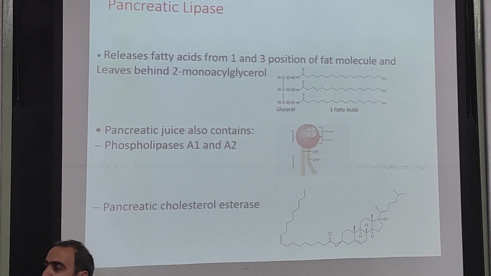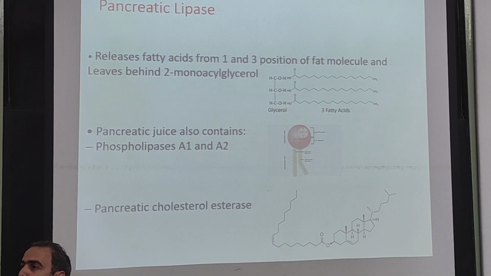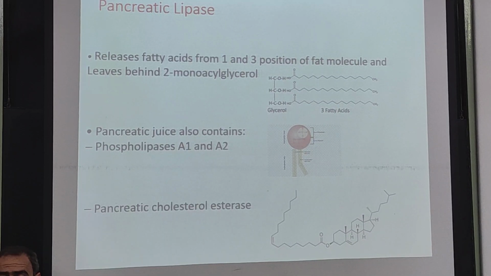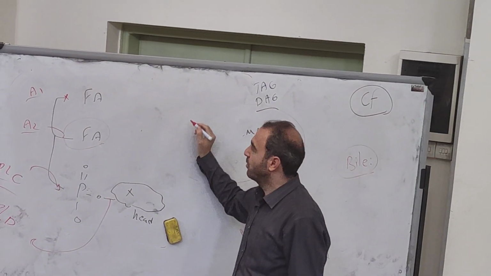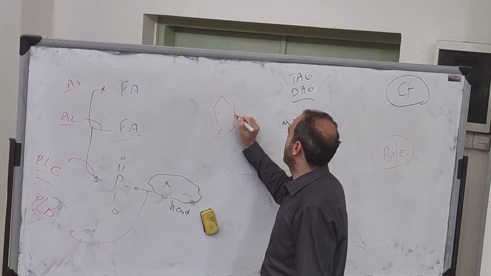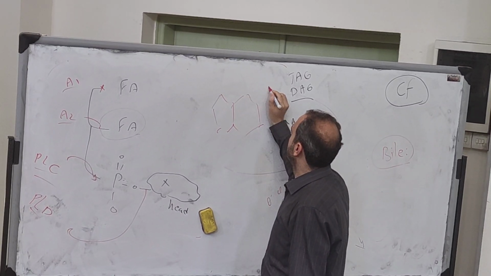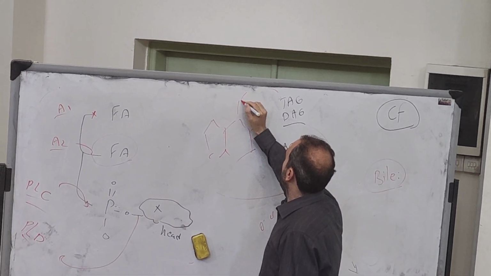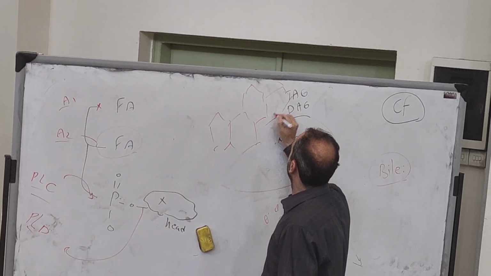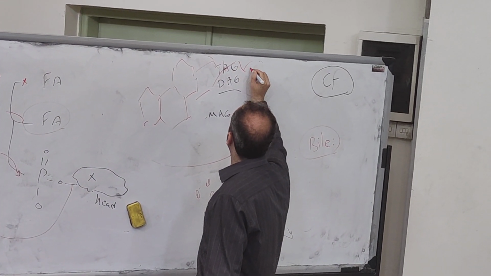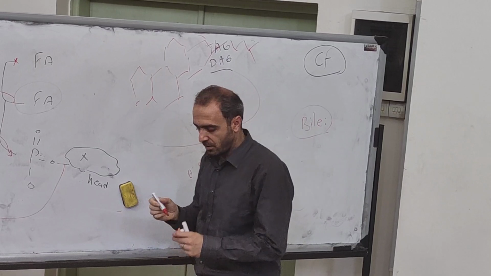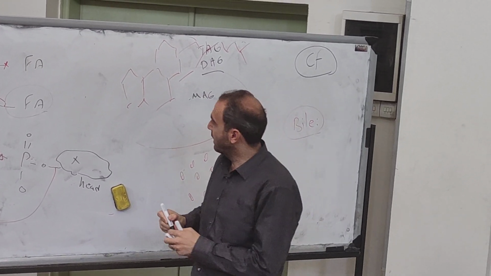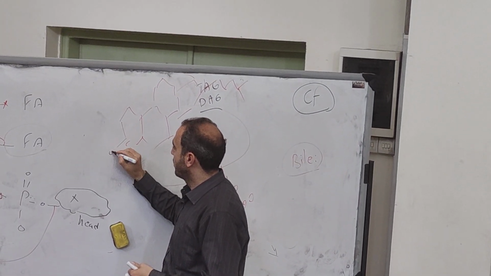So here we have phospholipase A1 and A2. They remove fatty acid from carbon number 1 and carbon number 2. Also, if you remember the structure of cholesterol, for example, it was like that. We had cholesterol and then an OH group here.